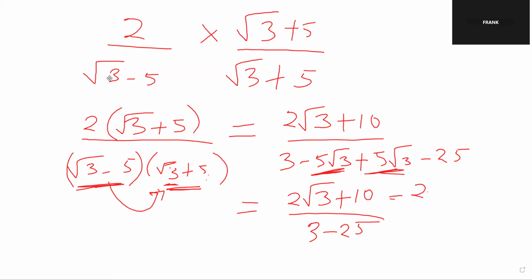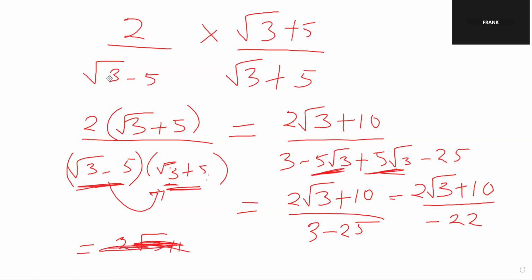So that's 2 root 3 plus 10 all out of, next, 22. So that should be 2 root 3 plus 10 all out of negative 22.